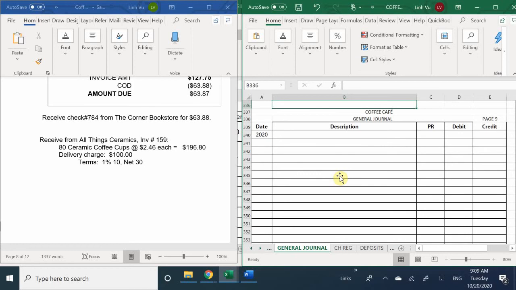All right, so we're buying 80 ceramic coffee cups. Okay, so where did this come from? I think it's a purchase order. Let me see.